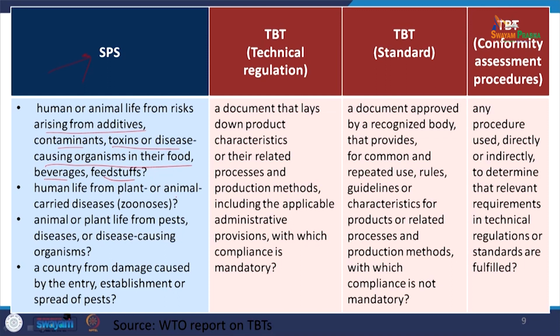Human life from plant or animal carried diseases is also looked at. Animal or plant life from pests, diseases, disease causing organisms, etc. A country from damage caused by the entry, establishment or spread of pests, these are also areas where SPS is applied.